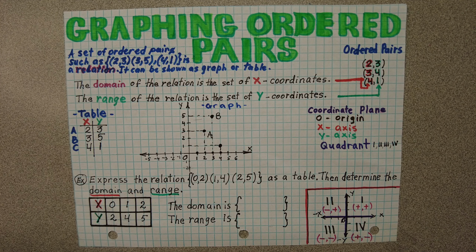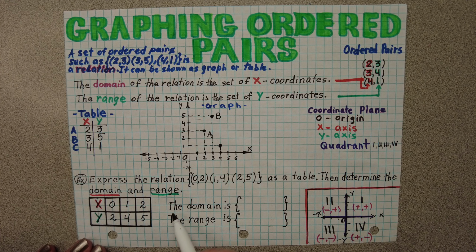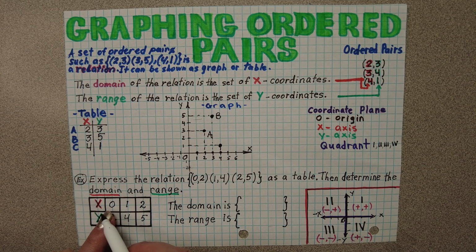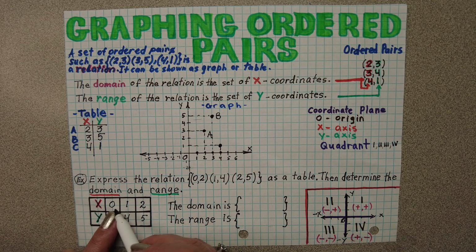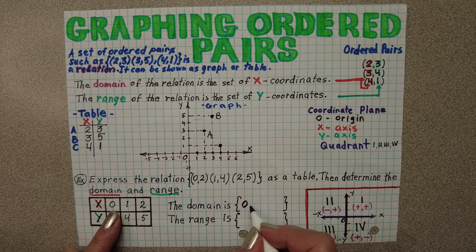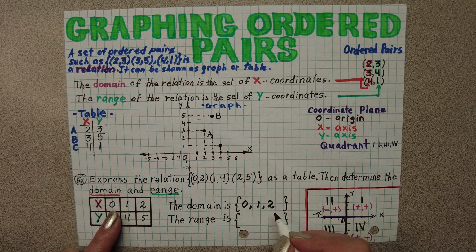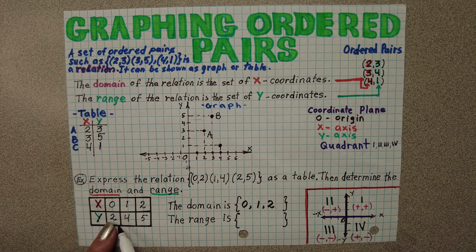Now let's make the domain here. The domain is, what do we have in front of domain? From these ordered pairs, we have 0, 1, and 2. What do we have for range from this table?